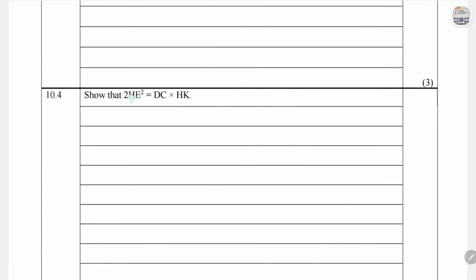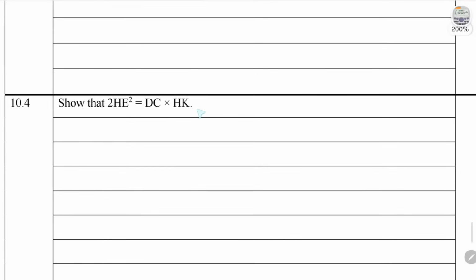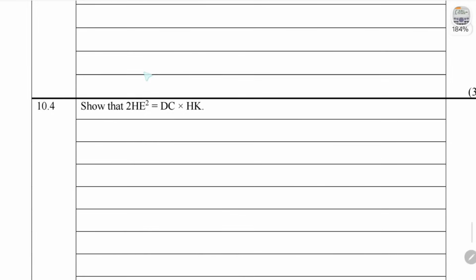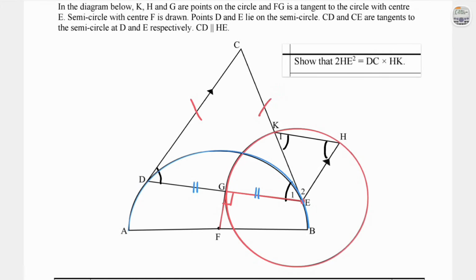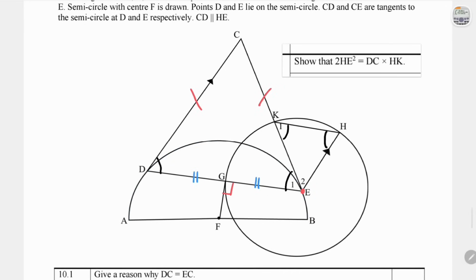Question 10.4 says, show that 2HE squared is equal to DC multiplied by HK. Okay, so I'm going to pin this to the screen and let's look at the diagram. With this question, let's go ahead and highlight the lines they're referring to. So they want us to prove that 2HE squared.